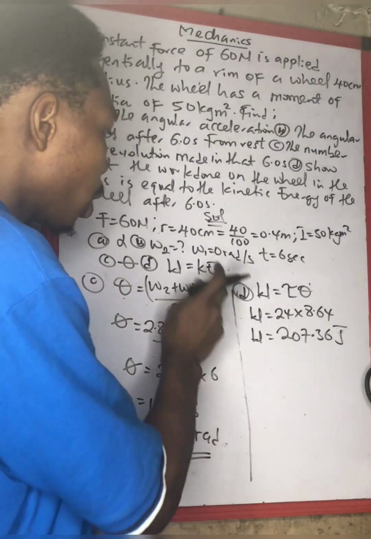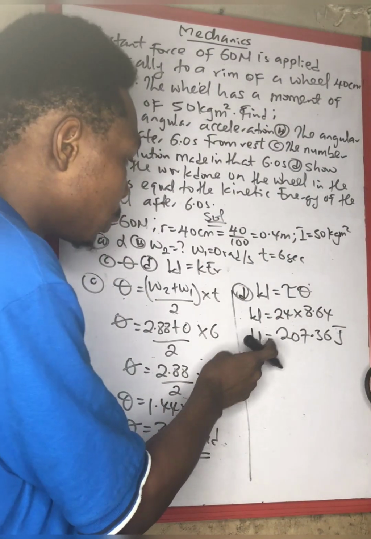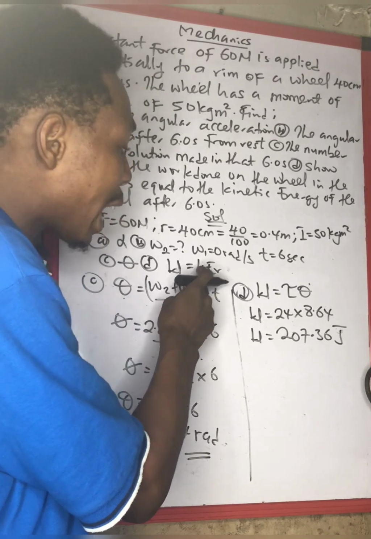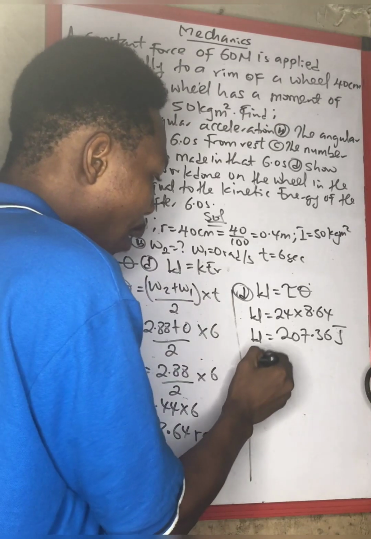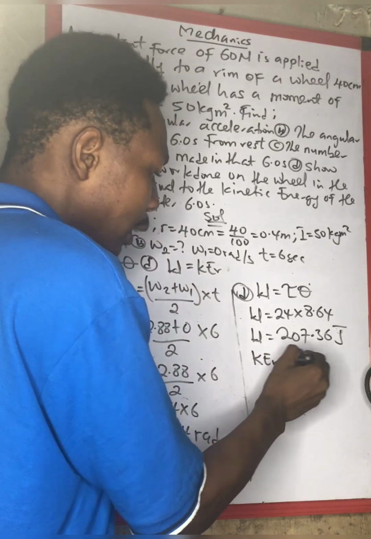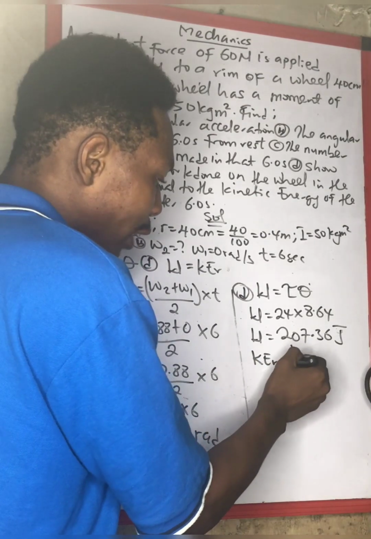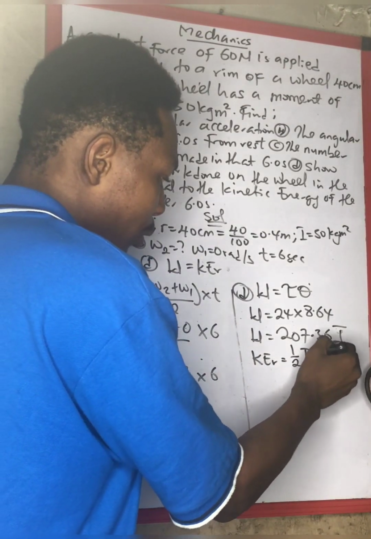Okay, this is our work done. The next one is to get the rotational kinetic energy. Now our KER is equal to 1 over 2 I W squared.